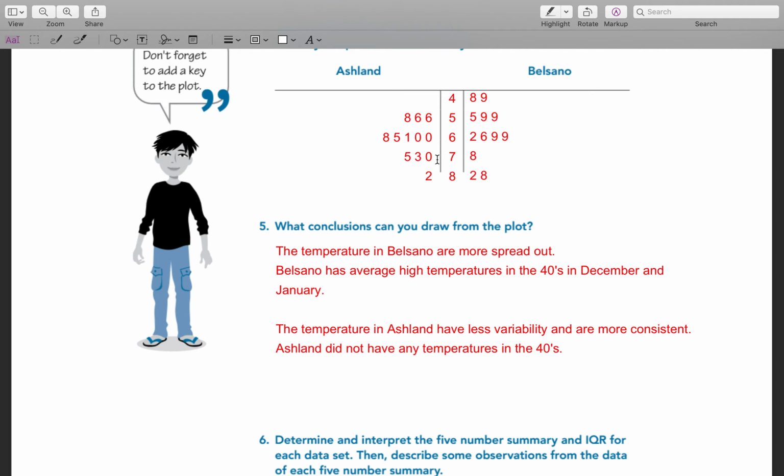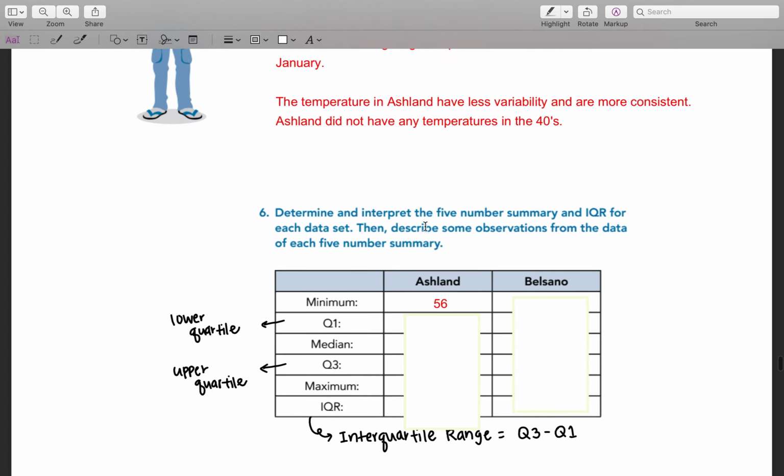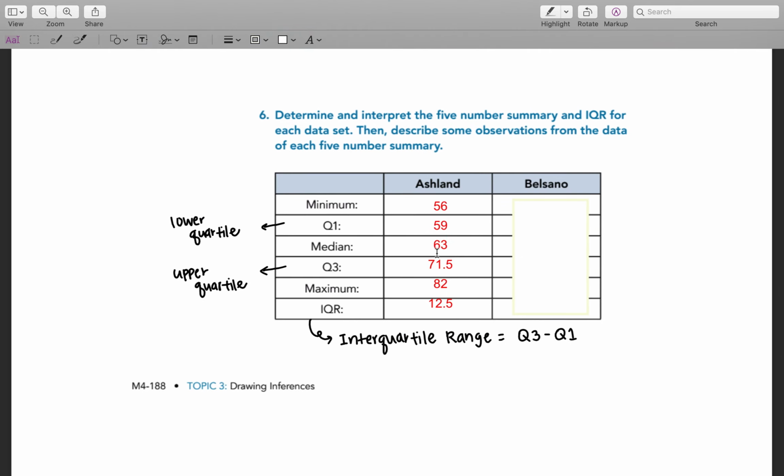So your upper quartile, or Q3, would be 71.5. Let me just show you that here. And then once you have found Q1 and Q3, the IQR, or interquartile range, would be Q3 minus Q1, 71.5 minus 59. So it'll be 12.5.